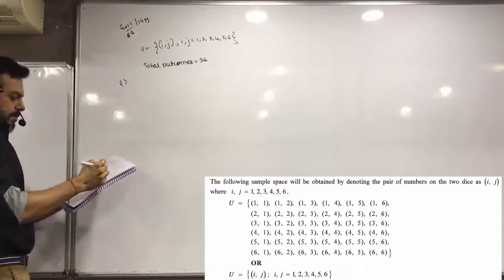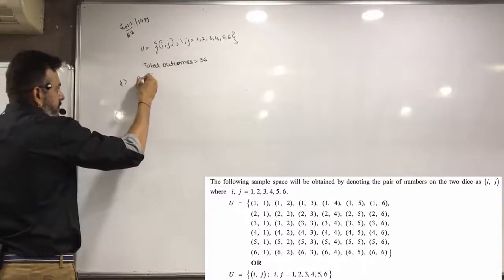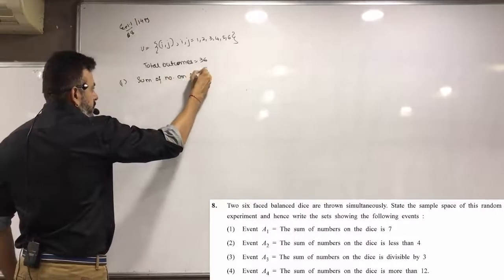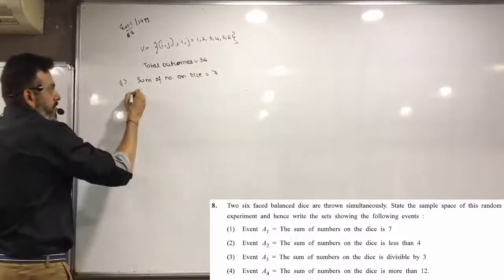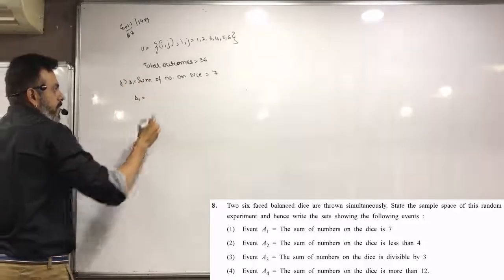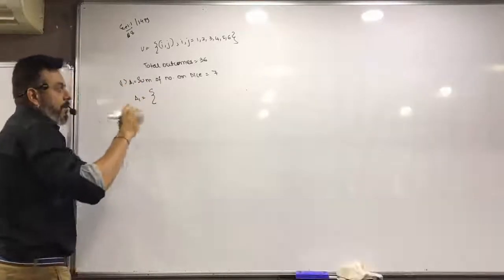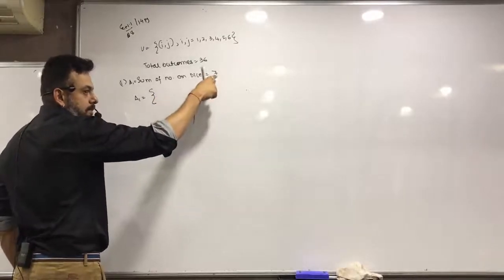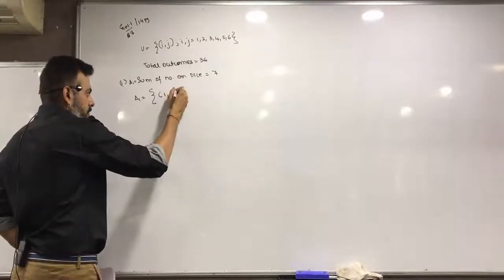Now what do we have to find first? A1. Sum of numbers on dice is 7. So A1 is equal to, now (1,1) to (1,5) the total is 6. So (1,6).